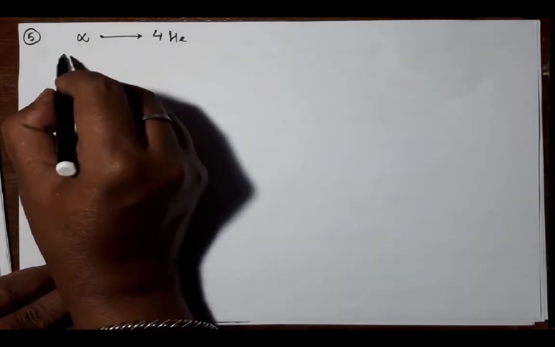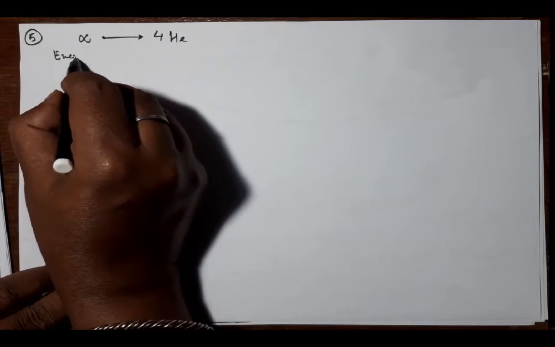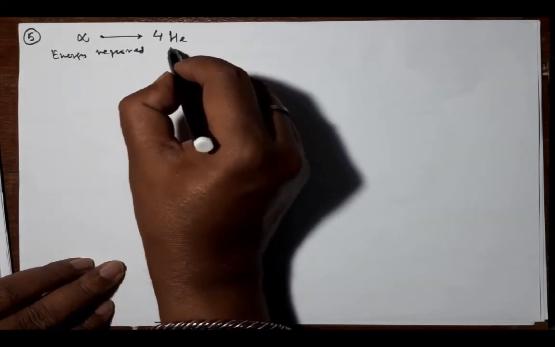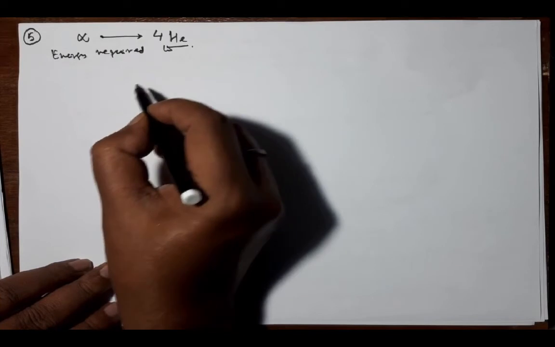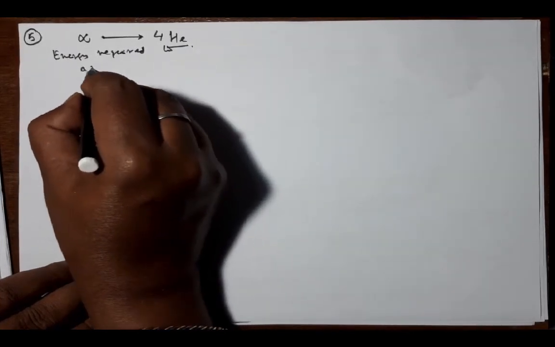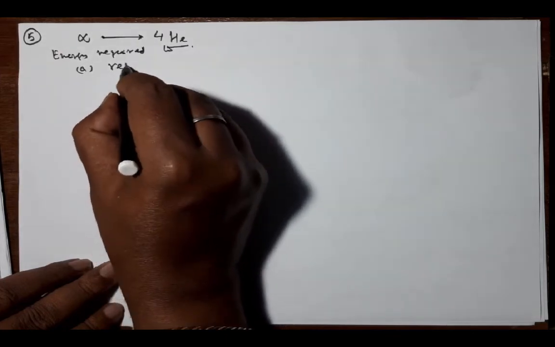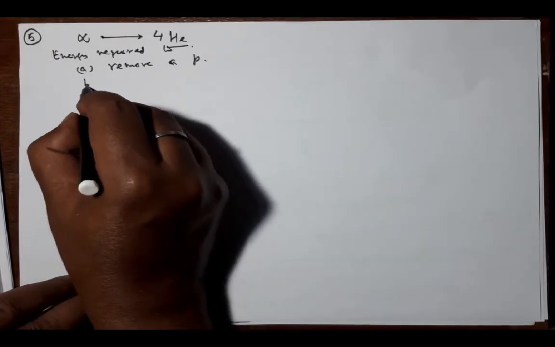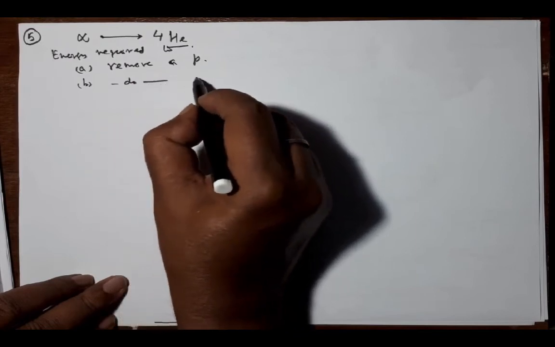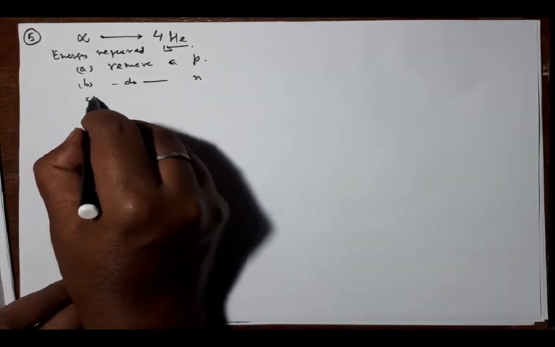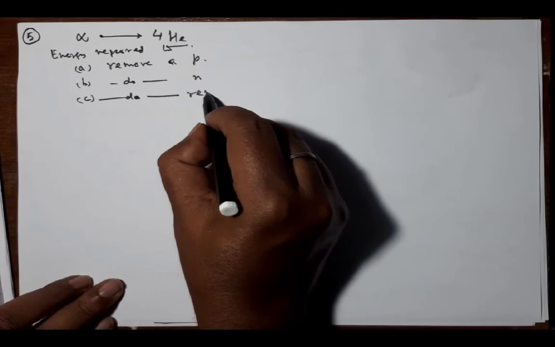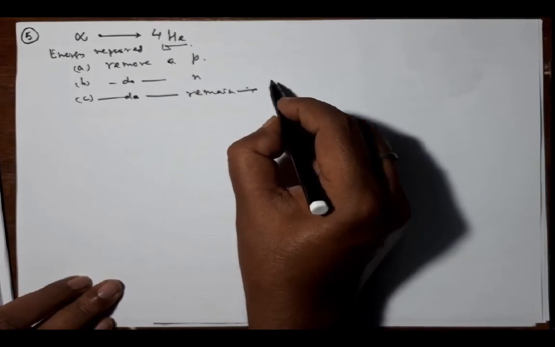Now you have to find out the energy required to remove a proton, remove a neutron, and remove the remaining proton and neutron.